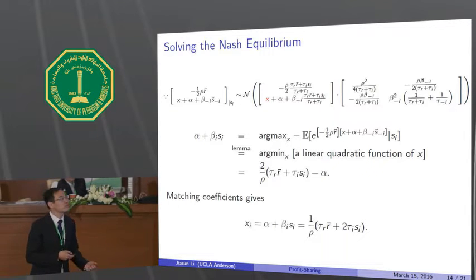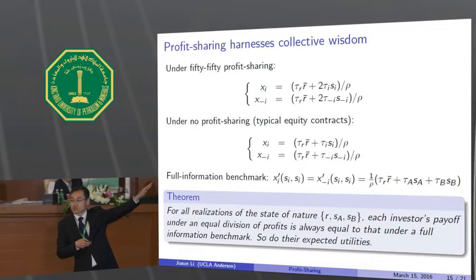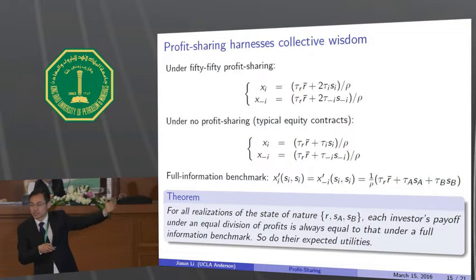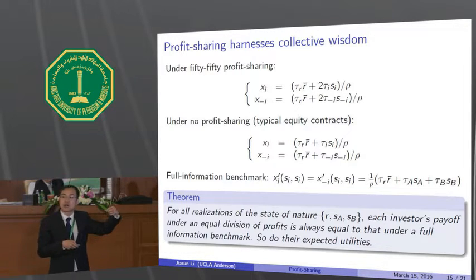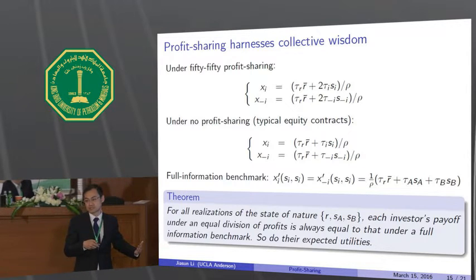So if we look into the structure of the optimal investment strategy function under the no profit sharing rule, as we have illustrated before, it is a linear combination of unbiased mean and my private signal.